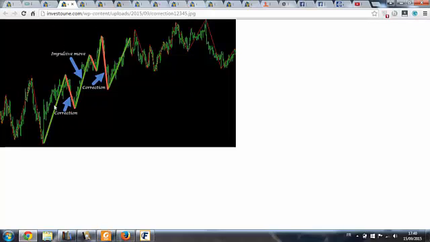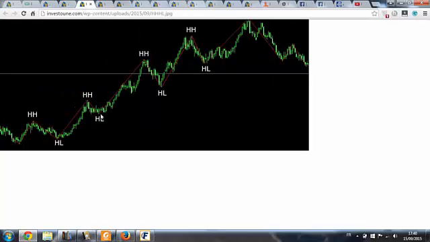The impulsive move is in the direction of the trend. So here we have an uptrend and the impulsive move is in the direction of the uptrend. The correction is in the opposite direction of the trend. Here it is down, down, down, and here the impulsive move is up, up, up, up.